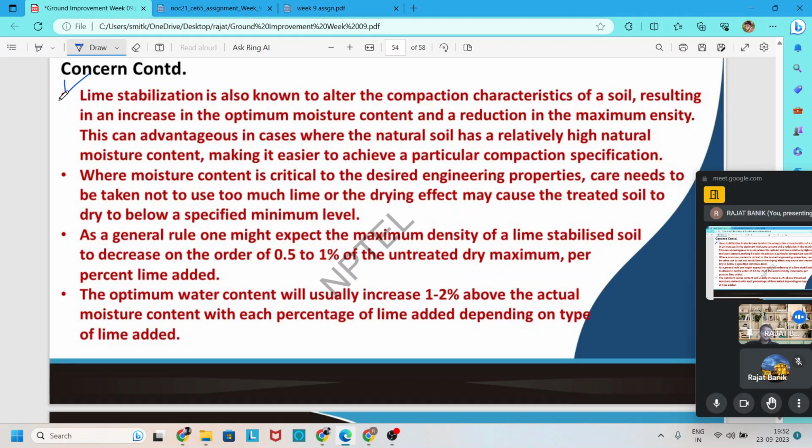The optimum water content will usually increase by 1 to 2% while applying the lime, from the actual moisture content. And for that also we need to check the lime content, and we maintain this point also.